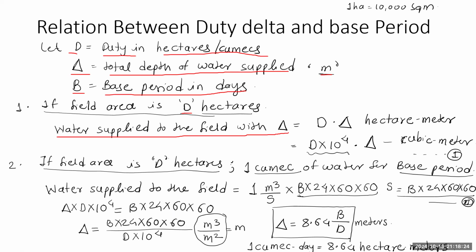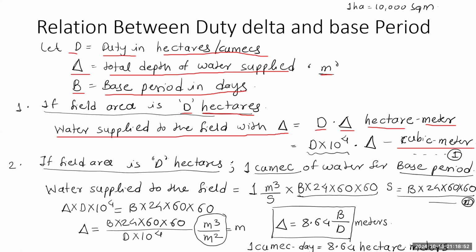D is the field area in hectares. So area into depth of water becomes volume, and that volume will be in hectare meters, because D is in hectares and delta is in meters. That's why the water supplied to the field is in hectare meters.